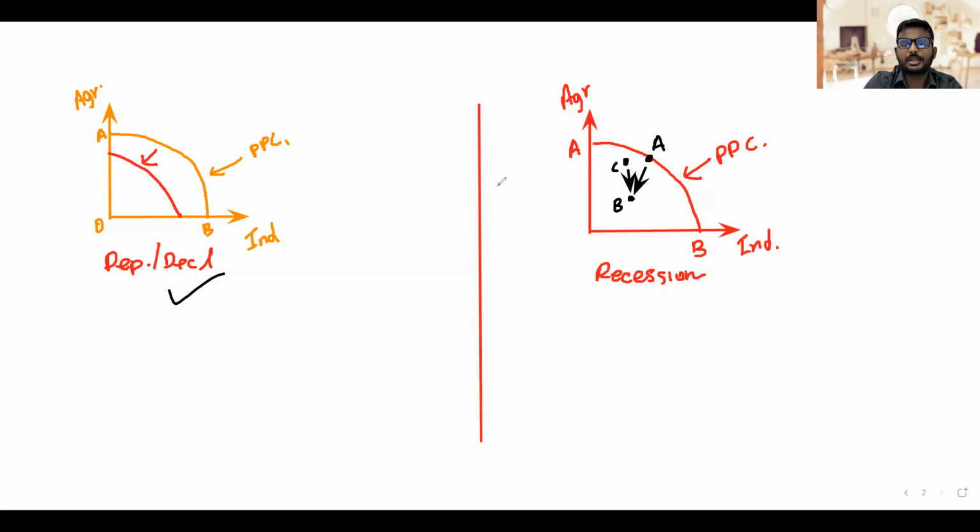And you might have drawn this red PPC, the recession one. So you have to have all of them drawn and explained to get all 5 marks. Easy. Everyone before this question was perfectly able to get about 2 to 2.5 marks, but the question is worth 5. You have to write both decline and recession explanations to get it. Is that clear now?